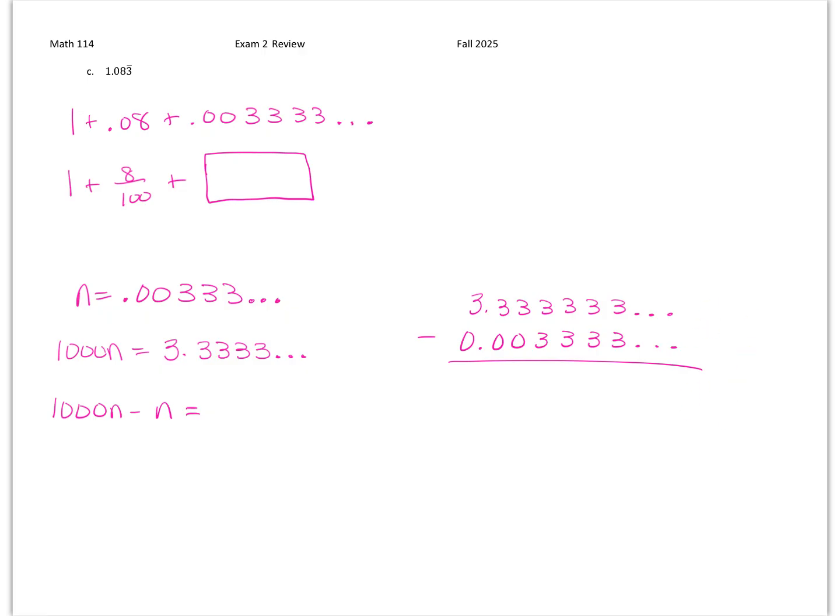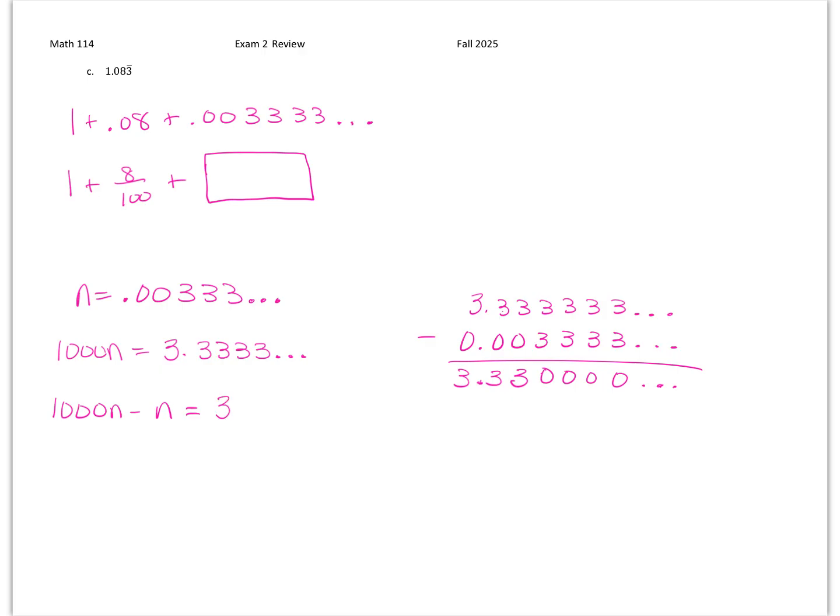Because you get 3 minus 3, 0, 3 minus 3, 0. So I'm getting zeros all the way along here. 0, 0, 0, 0. And then 3 minus 0 is 3. 3 minus 0 is 3. And 3 minus 0 is 3. So I get 3.33. It's not an integer, but it's not an infinitely repeating number anymore.